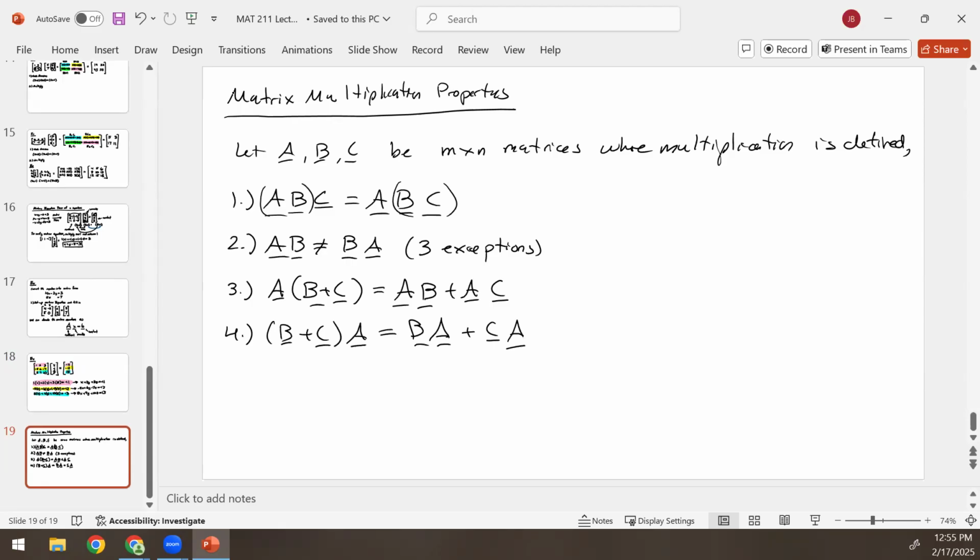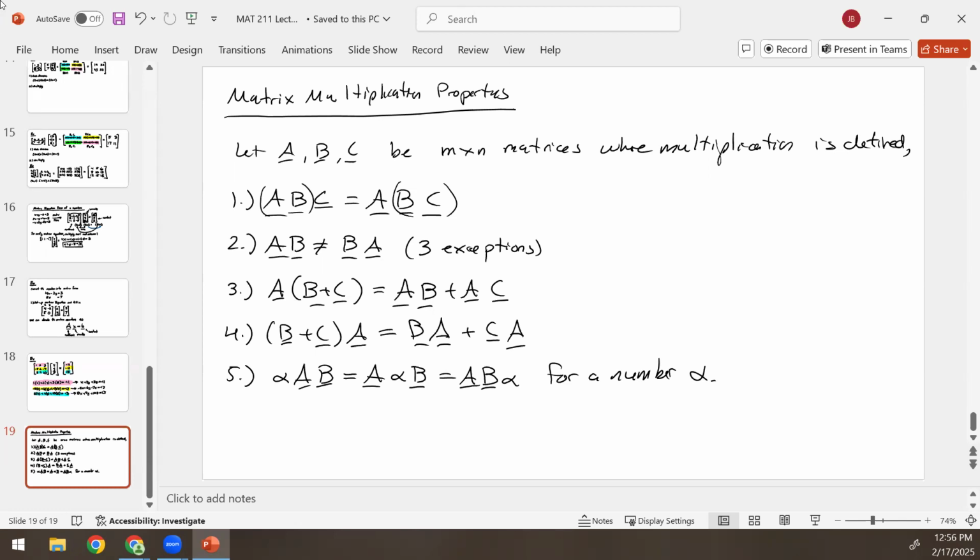Another thing, if you multiply a matrix by a number, you can put that number wherever you want, for a number alpha. That doesn't affect the matrix multiplication if there's a number in the way.